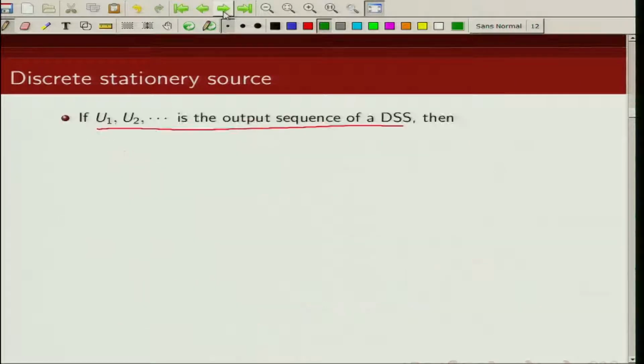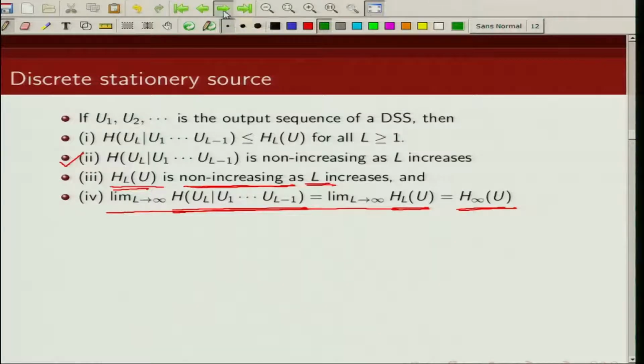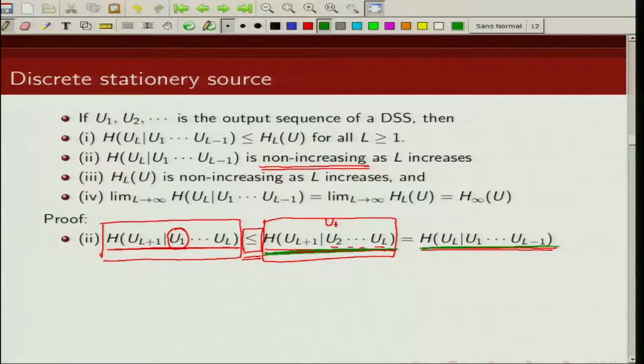So invoking this property of a discrete stationary source, because the U_i are coming out from a discrete stationary source, we can write this uncertainty of U_{L+1} given U_2, U_3, ..., U_L as the uncertainty in U_L given U_1, U_2, ..., U_{L-1}.